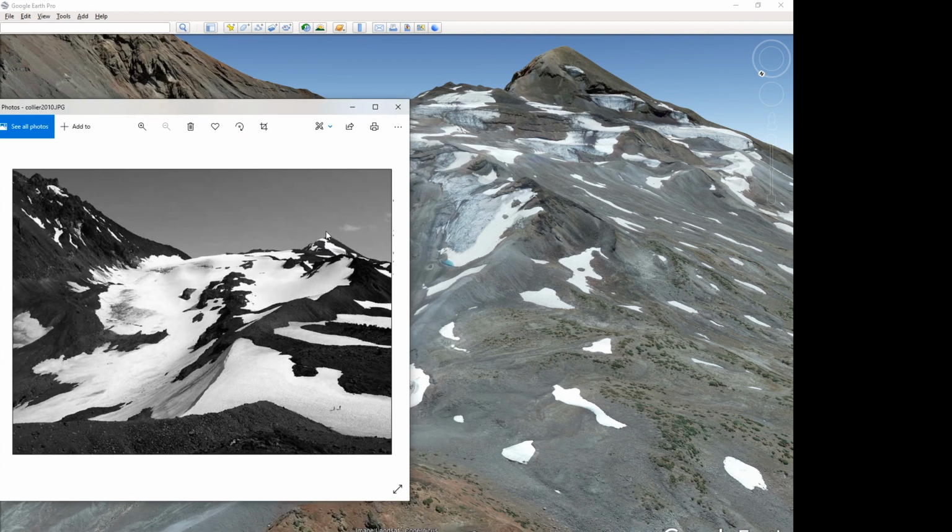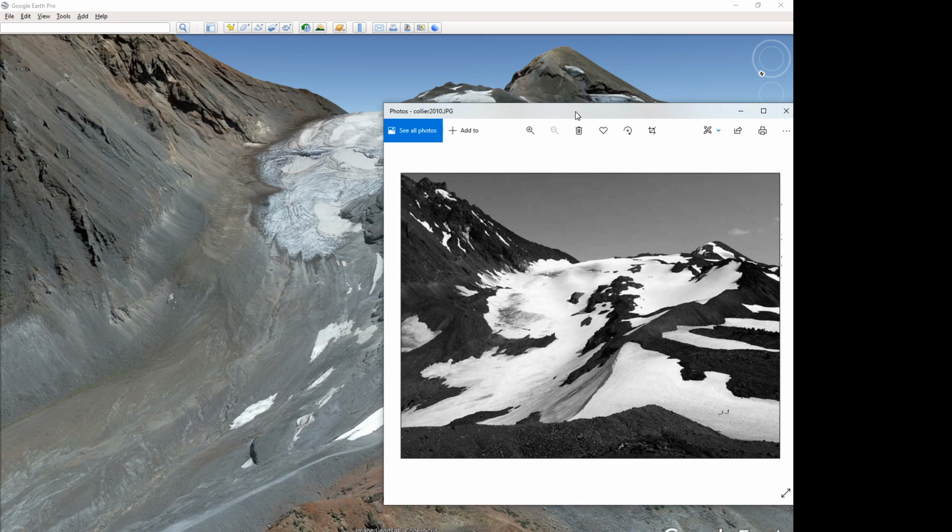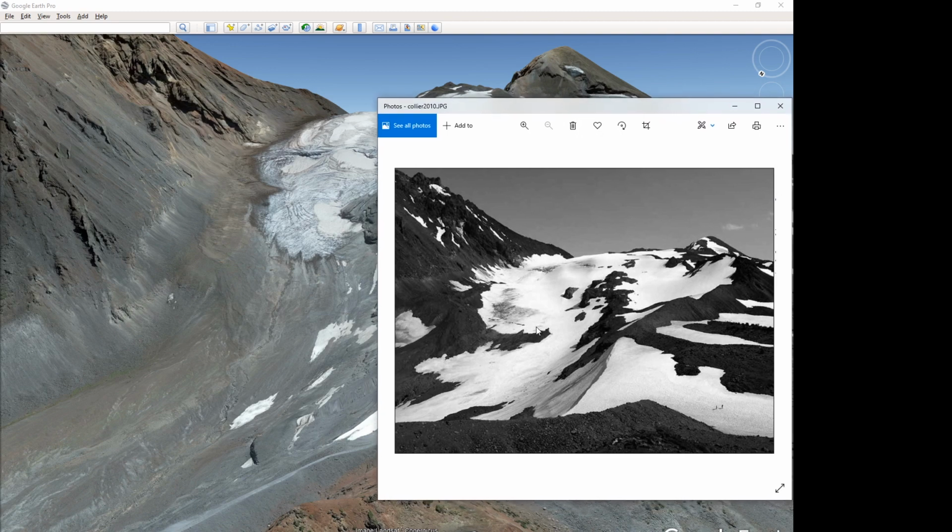You notice on the picture, here's a little mountaintop, and there's an arête, or the side of the glacier where the moraine comes down like this. Well, we have the same thing over here in Google Earth. Here is that hill, and that arête comes down. Over here on the other side, you see in the picture this kind of bulbous area of glacial ice, and the same thing here in Google Earth. This is the same bulbous area of ice.